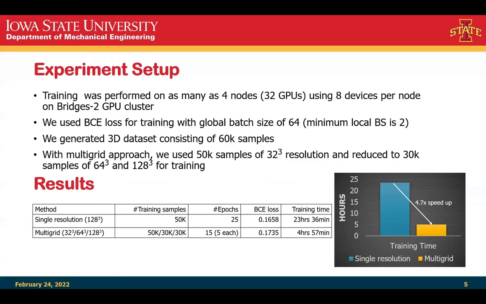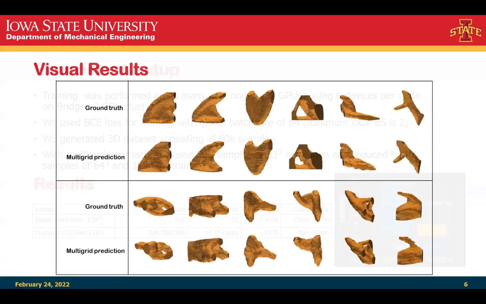Also from the graph on the right side, we see that the multigrid approach took around 5 times less time for training than the single resolution. We also visualize the predictions from the multigrid approach and compare with the ground truth obtained using the SIMP method. We observed that the multigrid approach can predict the shape of the final geometry as accurately as the SIMP approach.